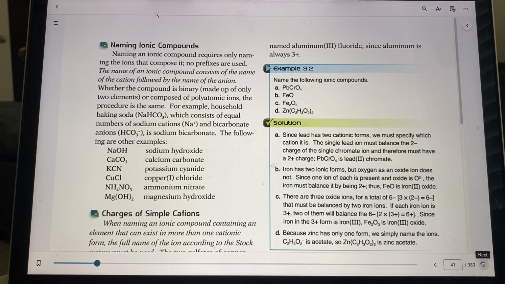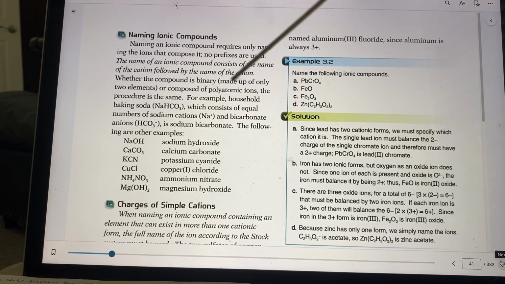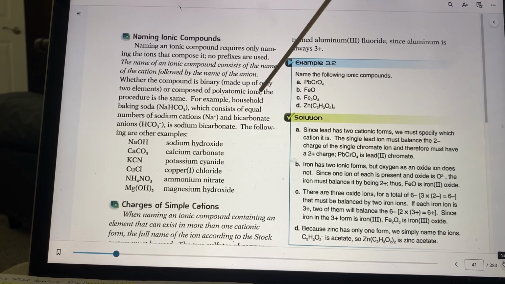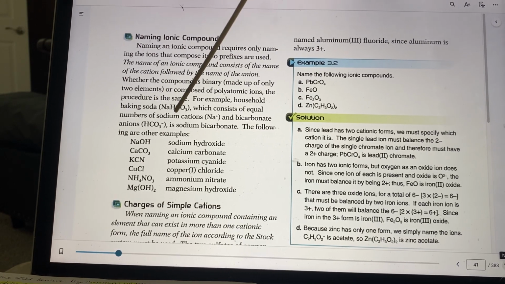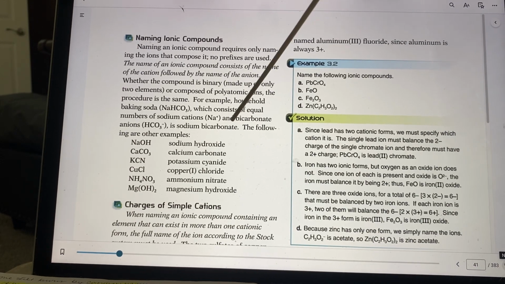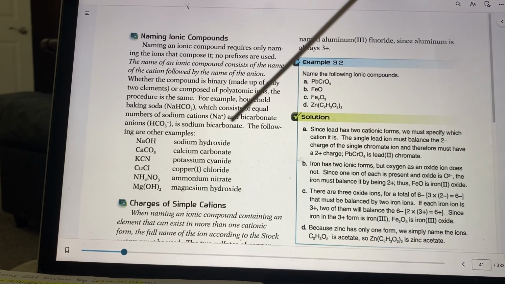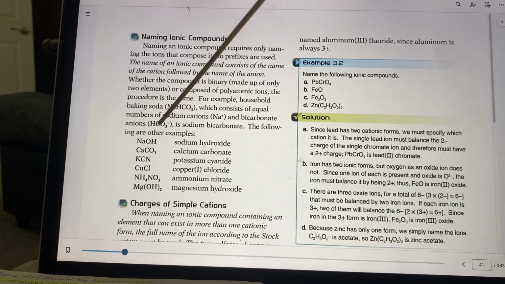Whether the compound is binary, made up of 2 elements, or composed of many elements, polyatomic ions, the procedure is the same. For example, household baking soda consists of equal numbers of sodium cations, here's sodium, and bicarbonate anions, which looks like this. This is sodium bicarbonate.